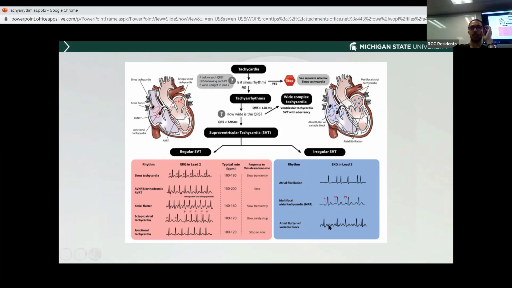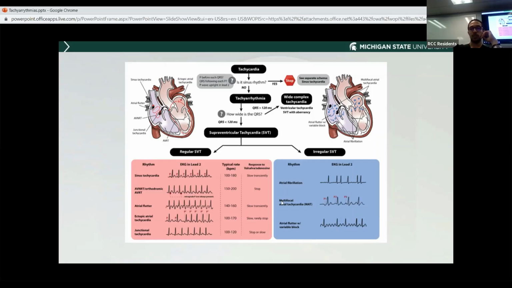Atrial flutter, as we discussed, can present in fixed or variable blocks. If it comes in a variable block, you conduct 3-to-1 and then 2-to-1 and 3-to-1 and 2-to-1. So it will appear as an irregular R-to-R, an irregular narrow complex tachycardia.